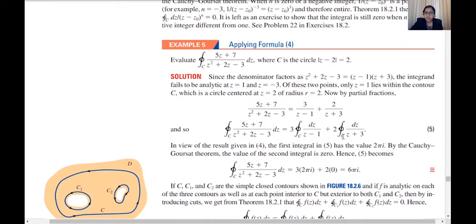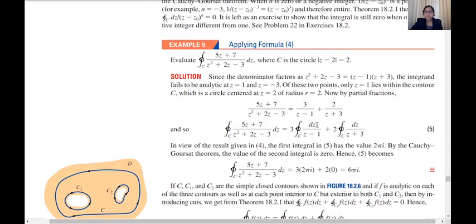Now if I consider the second portion, 1/(z + 3) is analytic everywhere in the given region, because z = −3 is the only point where the function fails to be analytic and it is not inside this circle. So this integral will be 0, because the function is analytic everywhere in the given domain, so by Cauchy-Goursat theorem this integral is 0.